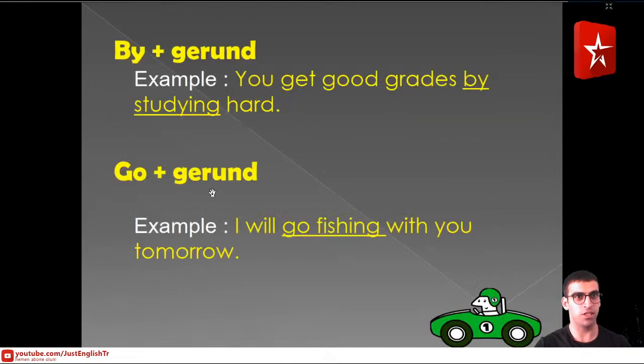So let's continue. As you see, the next one, by plus gerund, go plus gerund. Example, you get good grades by studying hard. So as you see, after by, we used gerund in the sentence. You get good grades by studying hard.